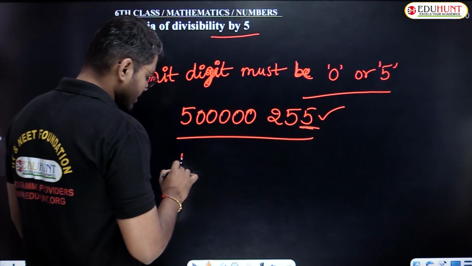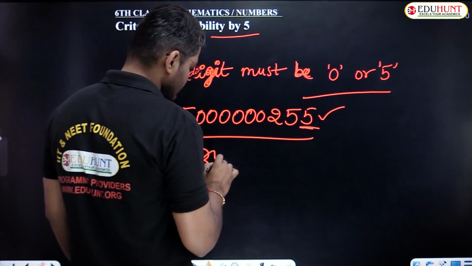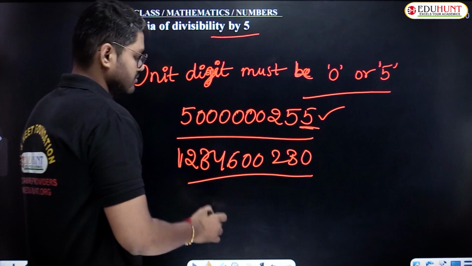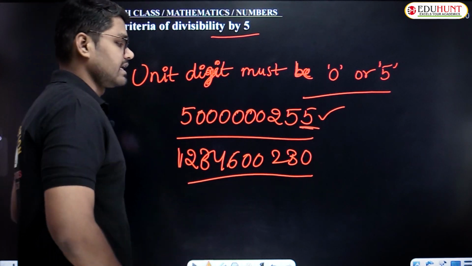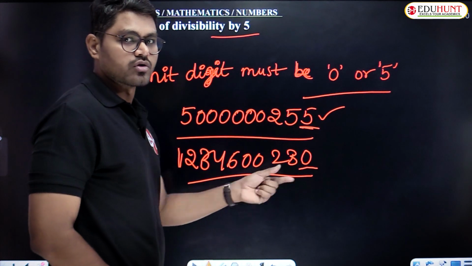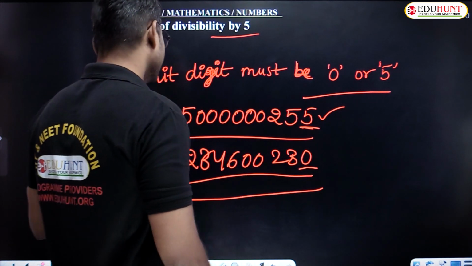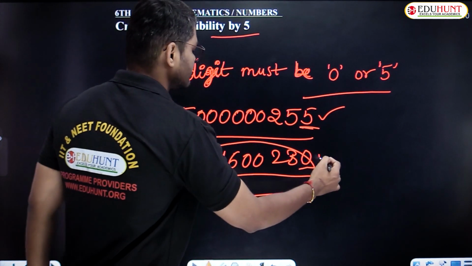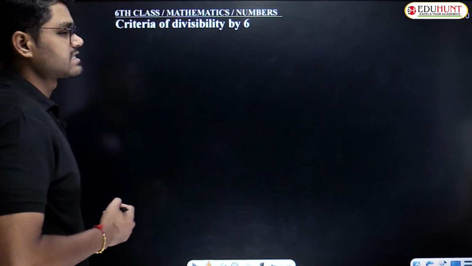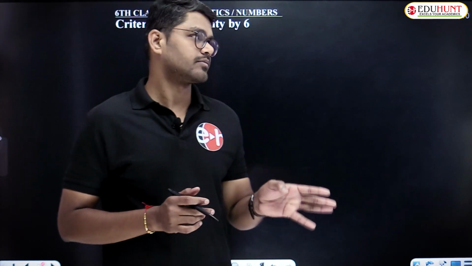If the number is given like this, no need to divide by 5. We have to check the last digit, that is 0, then this whole number is divisible by 5. Okay, right. Let's talk about the divisibility rule of 6. 6.